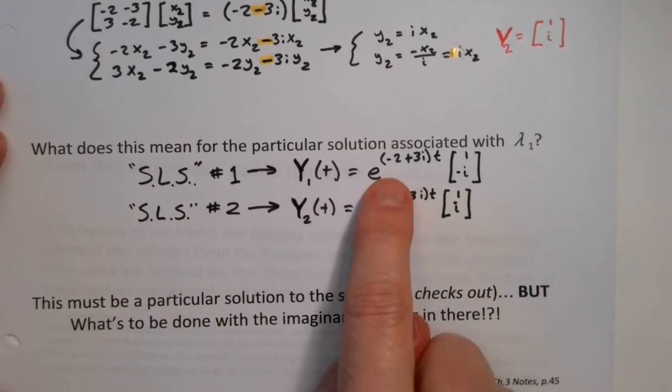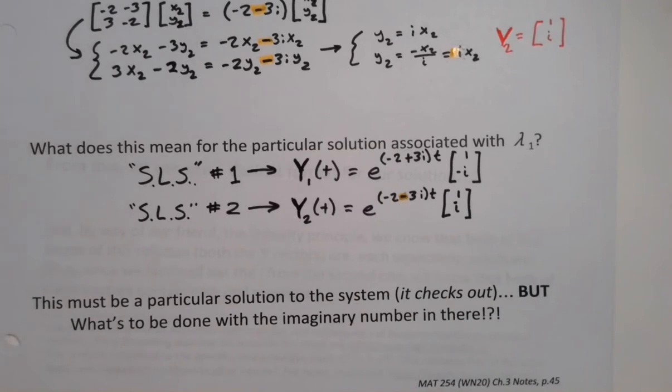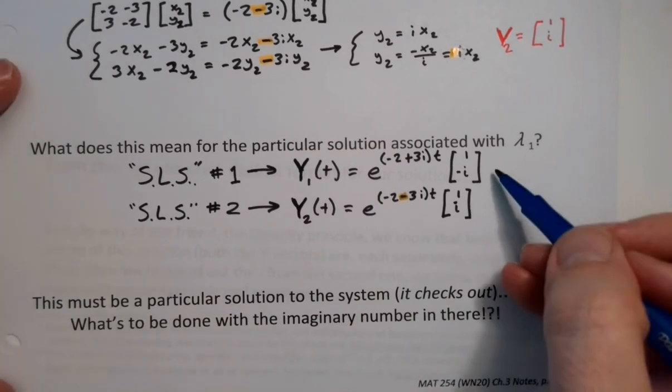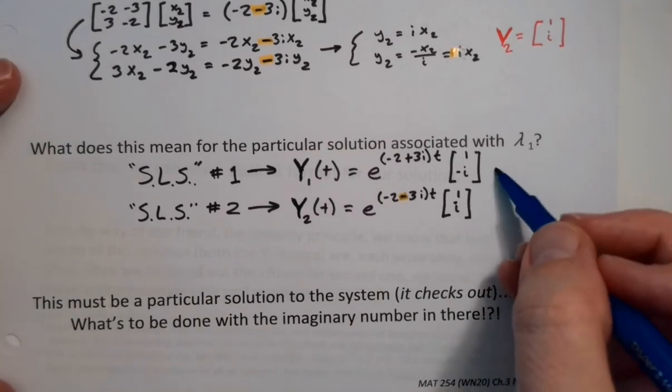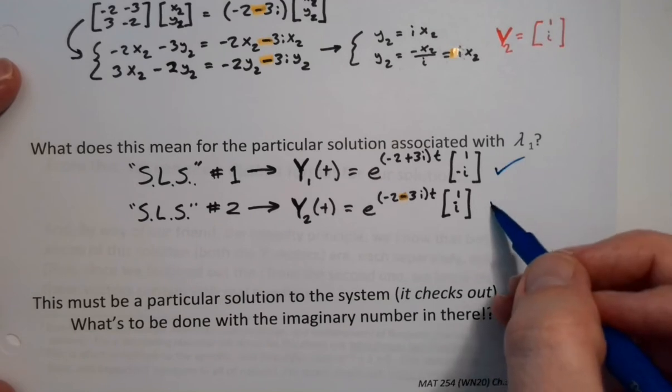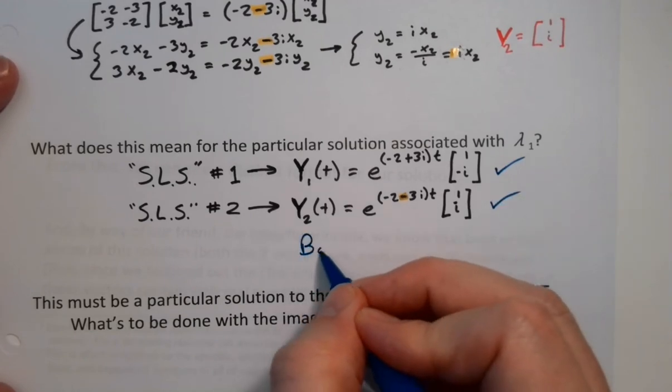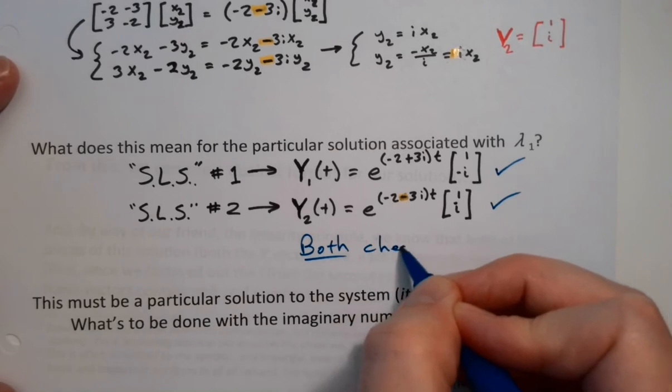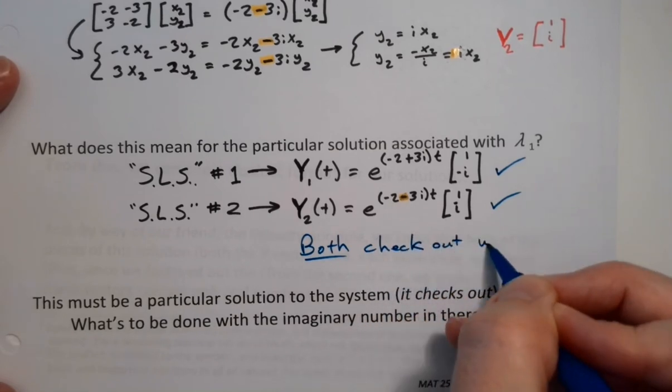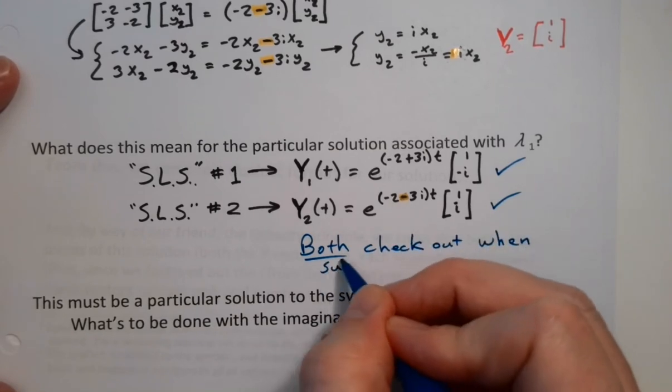If you were to plug this into the original equation, you'd find out that that one checks out. And this one also checks out. Both check out when substituted back in.